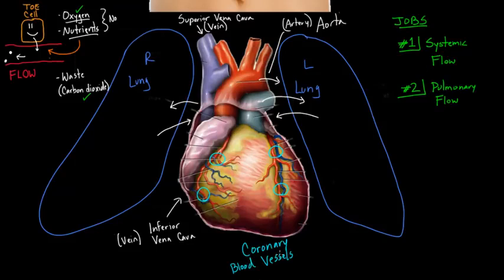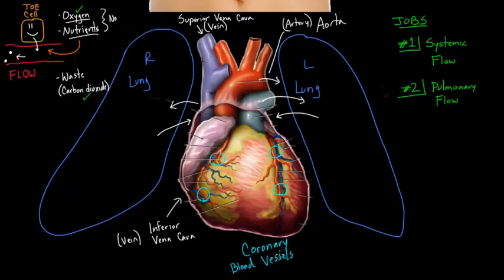So these coronary blood vessels are serving the heart muscle itself. I mean, remember, the heart is made up of tens of thousands of cells. And those cells, just like our toe cell that we drew out in the corner, also need oxygen, nutrients, and have waste. So those cells are going to need blood vessels supplying them as well. And so that's what the coronary blood vessels are.